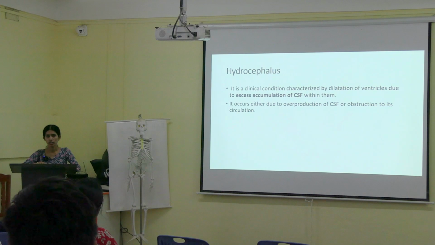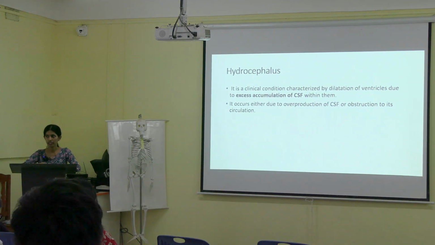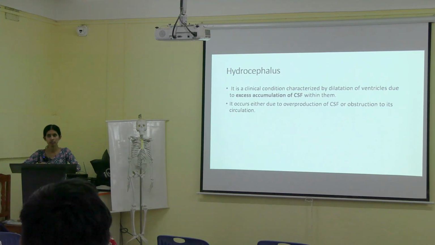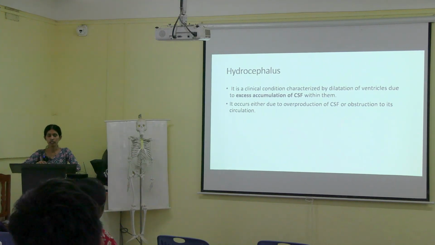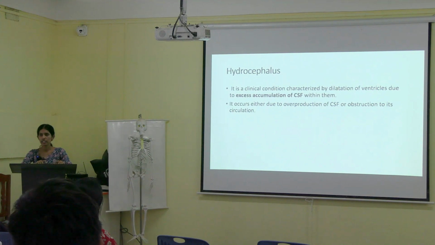Absorption. Your CSF will get absorbed from other tissue. Okay, fine. Any other answers? In your gross anatomy textbook, there is a heading CSF circulation. Go and see that CSF circulation part. Later I'll discuss how the overproduction of your CSF takes place.